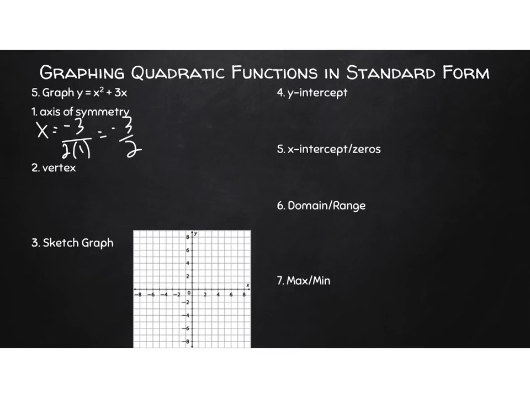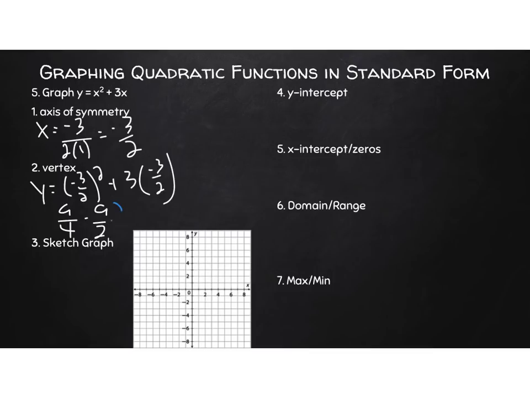So our vertex, we want to substitute that in. So you get -3/2 squared plus 3 times -3/2. So it gives us 9/4 minus 9/2. And then we want to add, so we have to have a common denominator, which is 4.